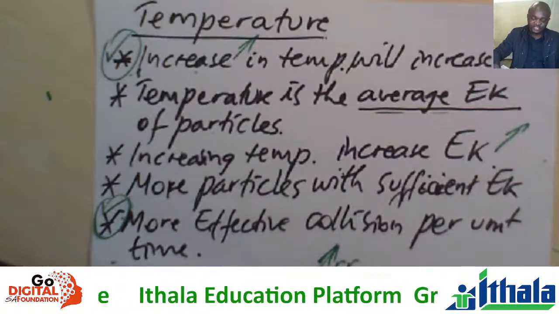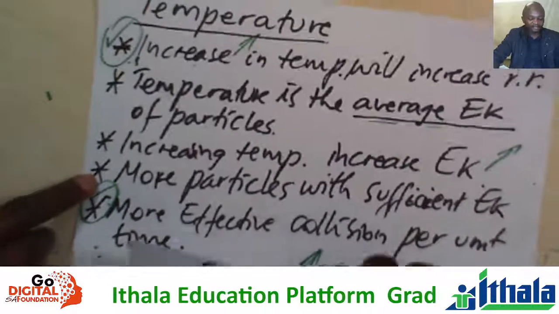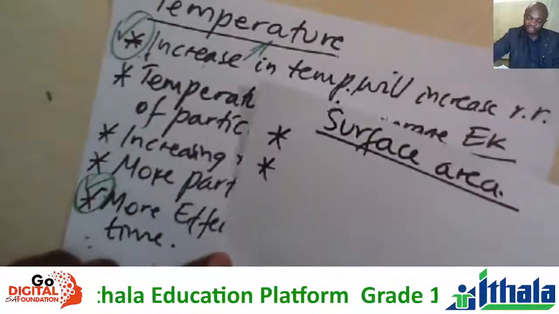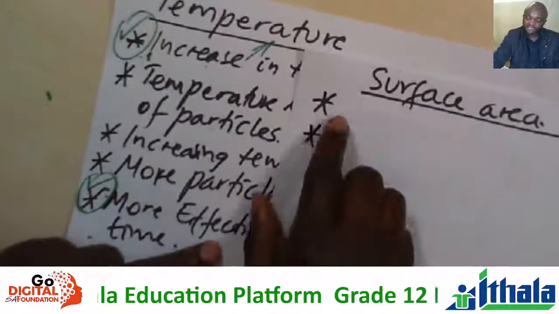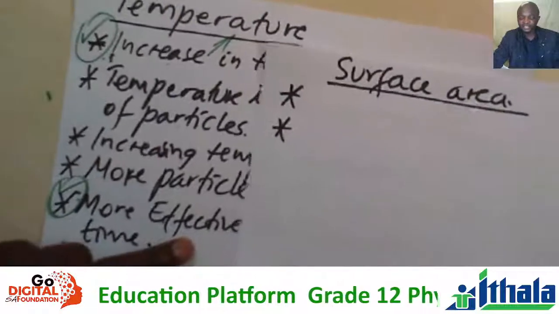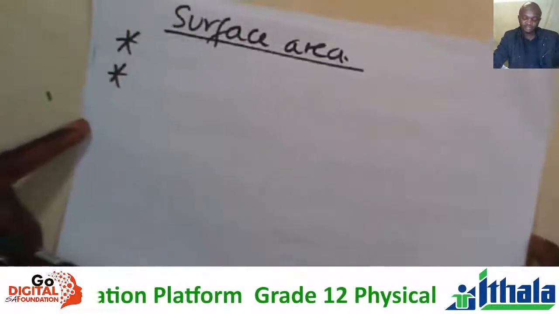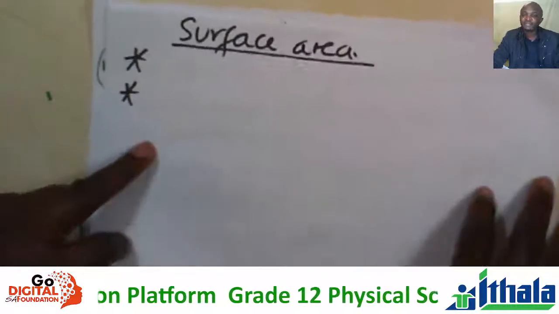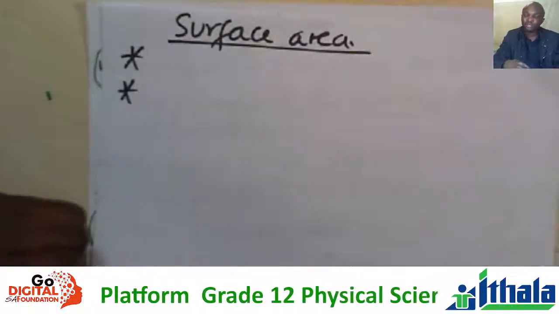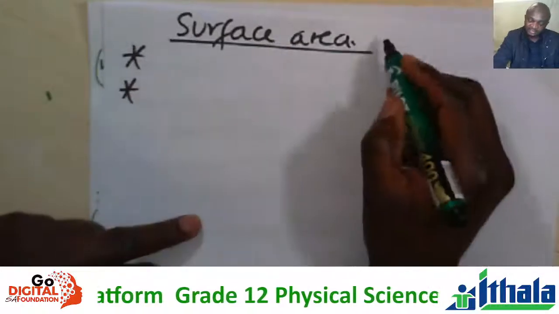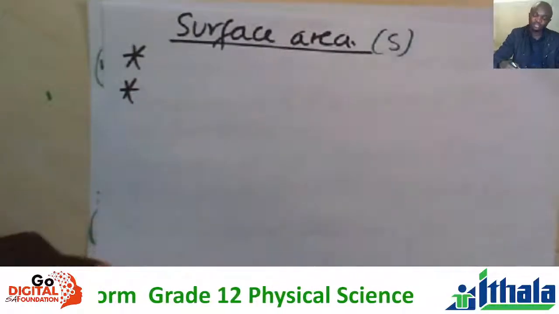Right. So for surface area na corner, same thing. The first point, show the effect: an increase in surface area will increase the reaction rate. So for surface area, when we increase the surface area, lapho guti uthola a substance is solid, ngite surface area is acting kuma solid depend.